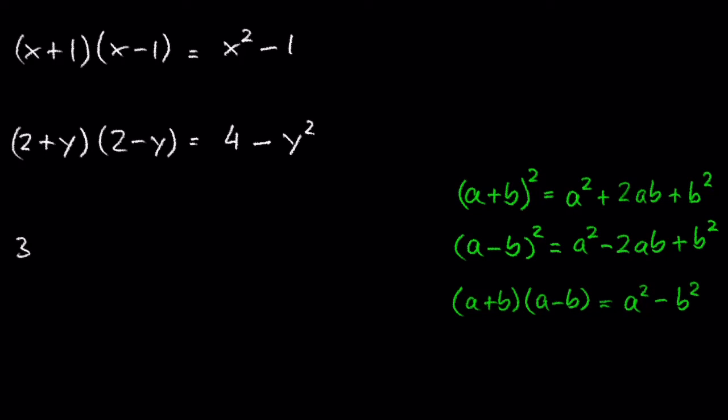What about (3 + 2y) times (3 - 2y)? According to the third binomial formula, this is then 3 squared, which is 9, minus (2y) squared, which is 4y squared.